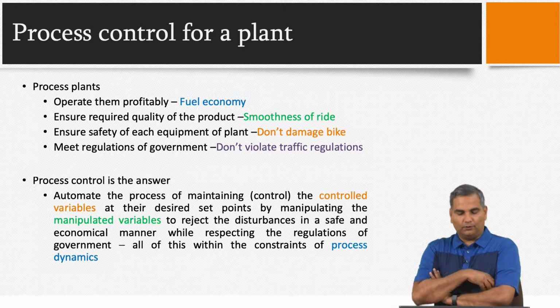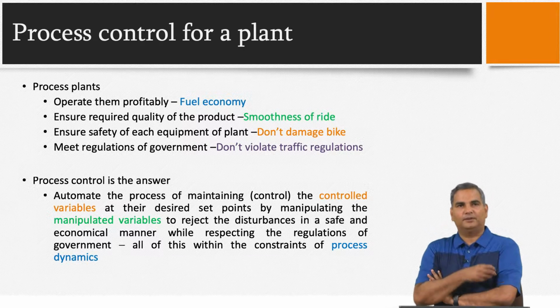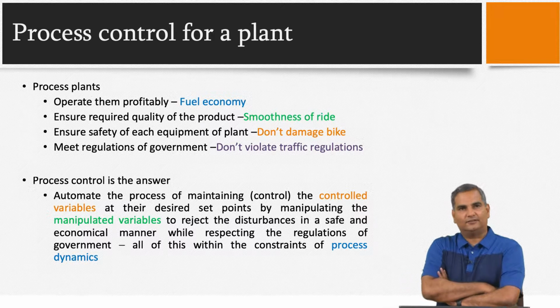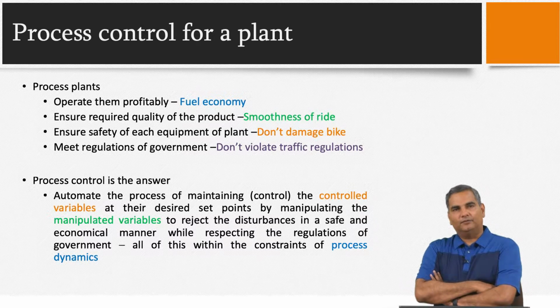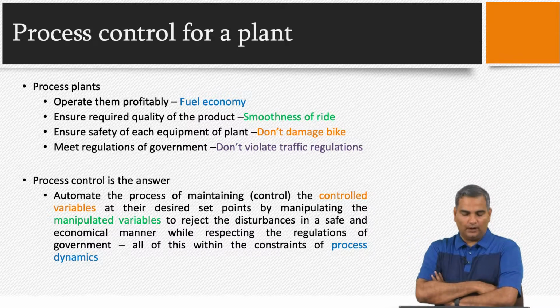We don't want to have problems with the environment. We do not want to send nasty stuff into the environment. We want to produce products which are reliable, which are useful and so on. So, for all of this we said process control is critical.